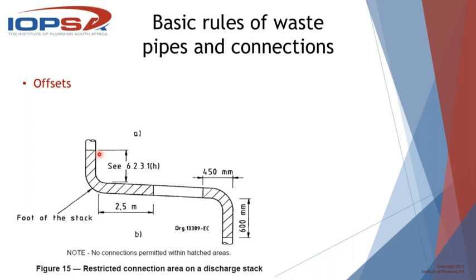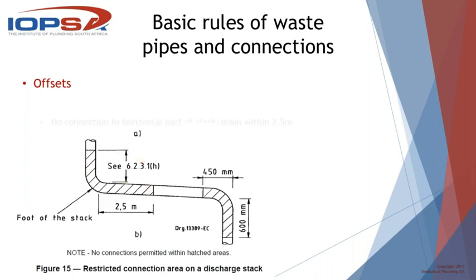For all intents and purposes, the assumption is that you're going to get a plug of water. In other words, the water at some point is going to fill the entire bore of the pipe. And when that does happen, you don't want any waste pipes or vulnerable lines in that area which are susceptible to negative pressure, right? So that's why you've got these hatched areas.